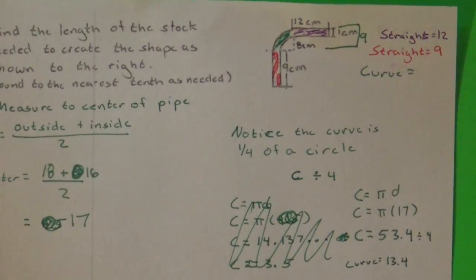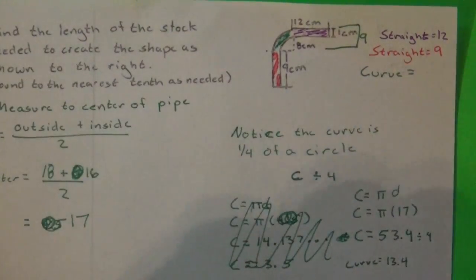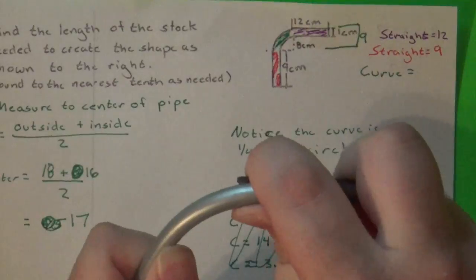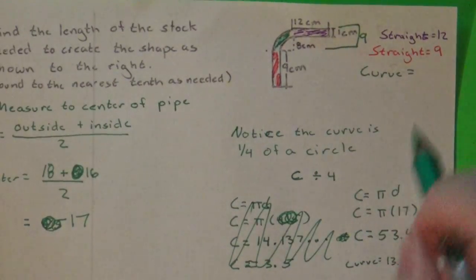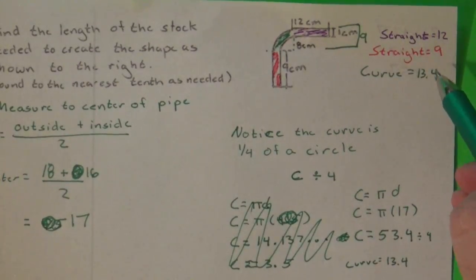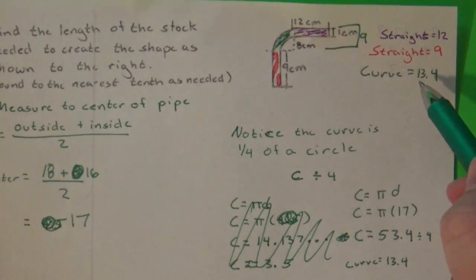All right, double check my math here. Yeah, 13.4. All right, so the length of that curve, right here, the length of the curve, not the straight pieces, is about 13.4. Now that I know that, I know the length of my straight, the length of this straight, the length of this curve.